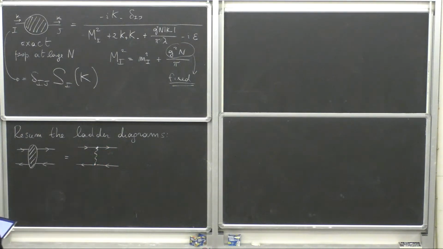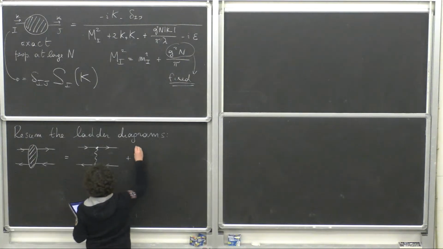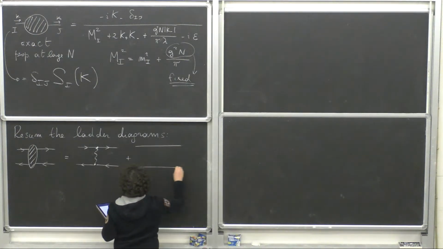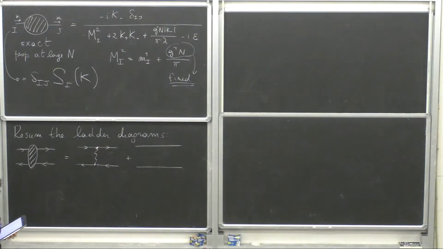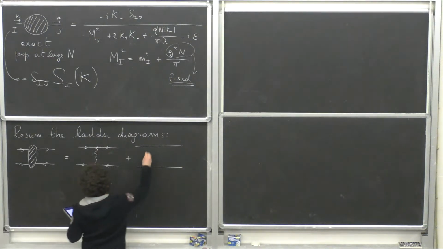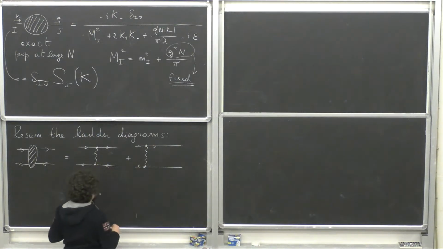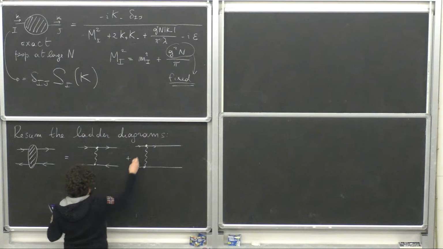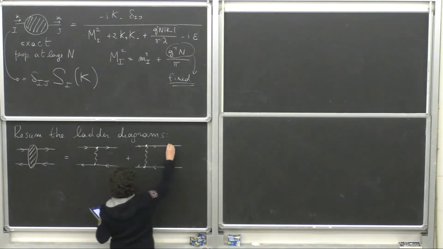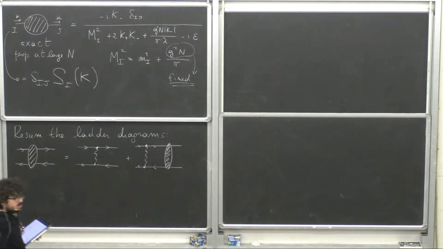It's very natural to write this kind of equation in which we have just the exchange diagram, right? And then we have just one, remember the English term of this, like one rung of the ladder, and then we put again our blob.